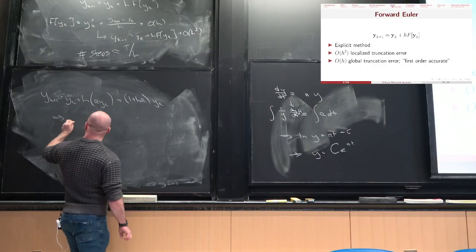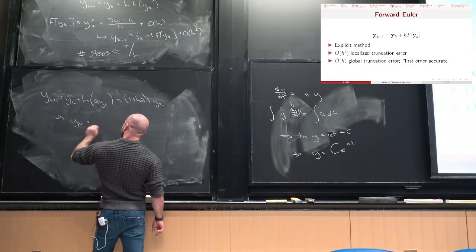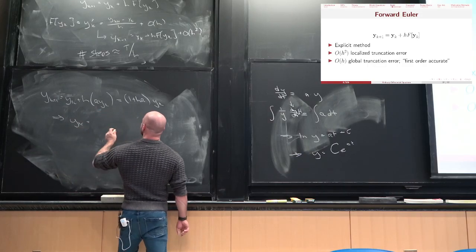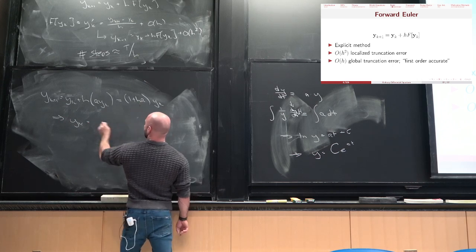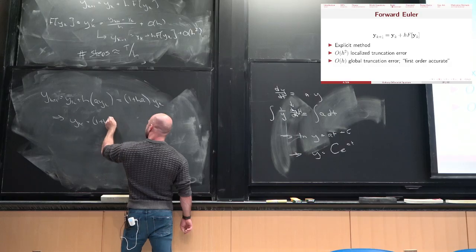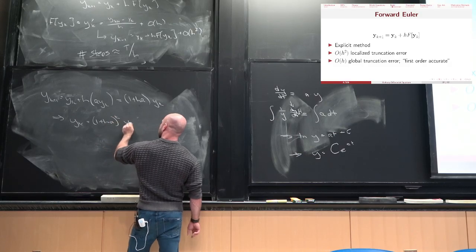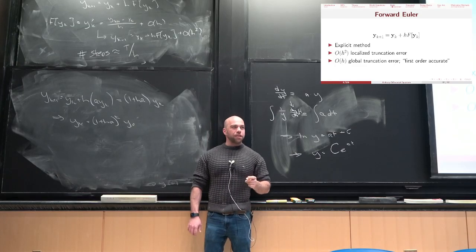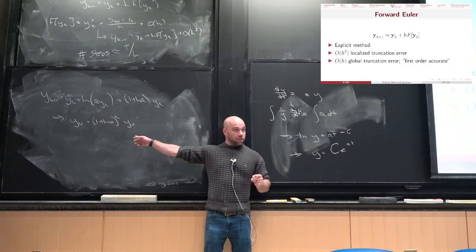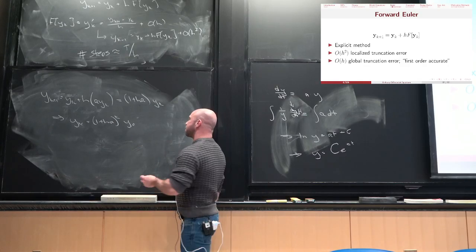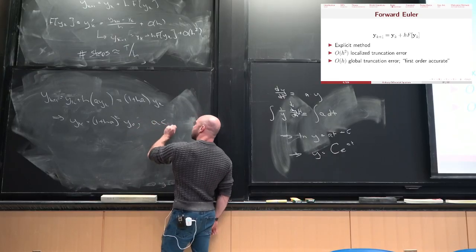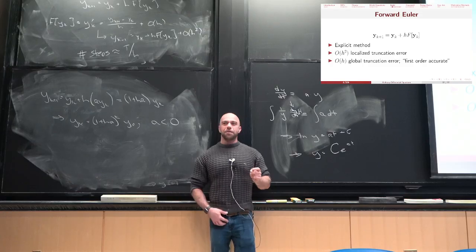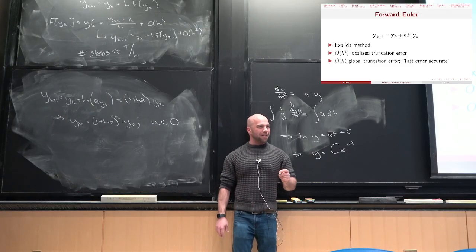If we work inductively, y_k is really equal to (1 plus ha) to the k times y_0. So for this particular ODE, we can write down in closed form what our solution looks like. And maybe because I'm being generous, we're going to assume that a is less than 0 because otherwise, as we talked about before, we really don't have business solving this ODE anyway. Does that make sense?